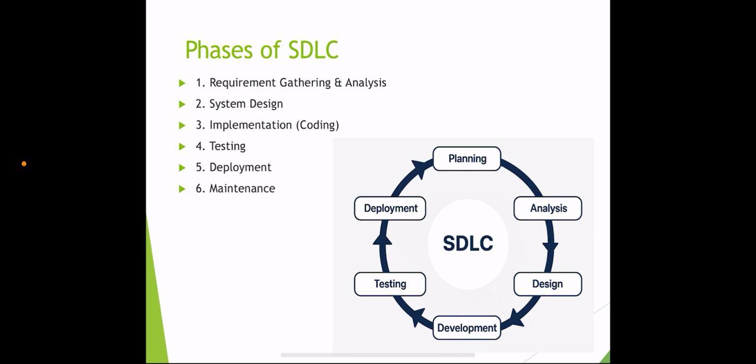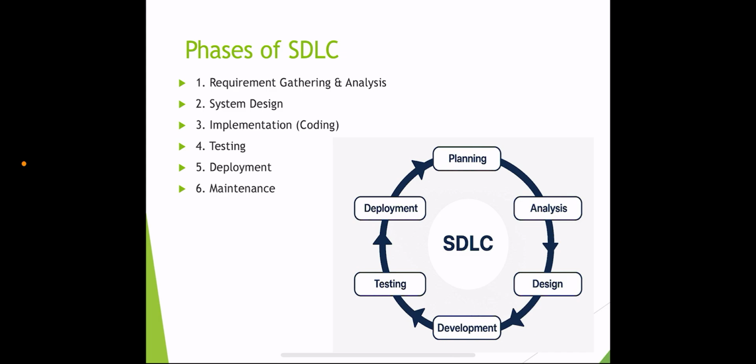In that, high level details are written, like exactly how much HP or how much CC engine that particular bike has. So what exactly are the specifications of that bike, like how much mileage it gives. That document is related to our BRS document. So exactly what the customer wants is mentioned in the BRS document.